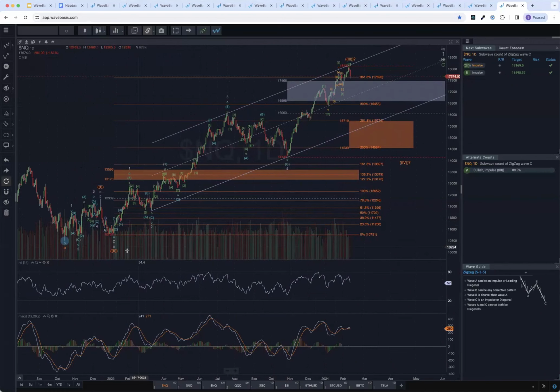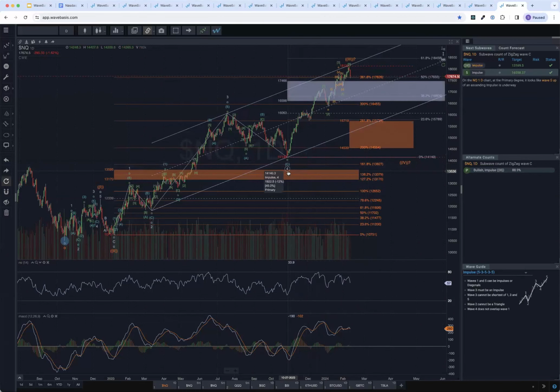As I said at the beginning, this is a very extended wave 3 all the way out to the 3.618 fib. That is not unusual to get to, or even the 4.618, when a wave 3 has subdivided. And we can see here we have the subdivision of this impulse, a nice, clean, strong impulse.